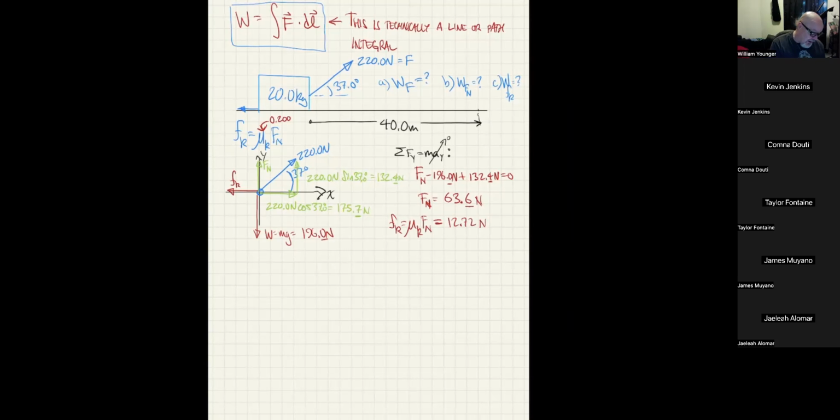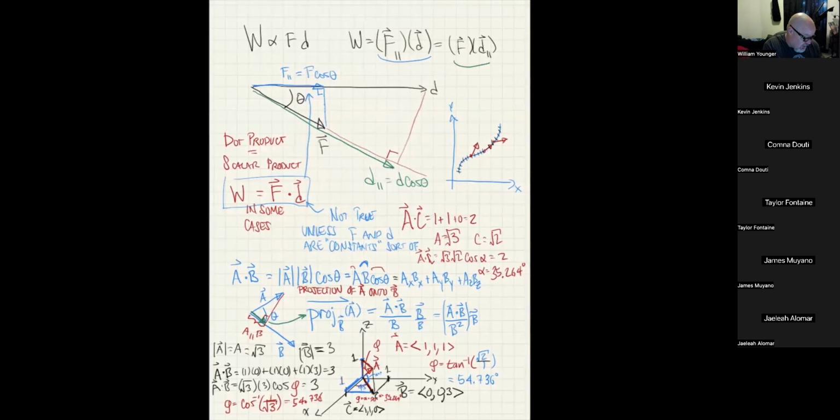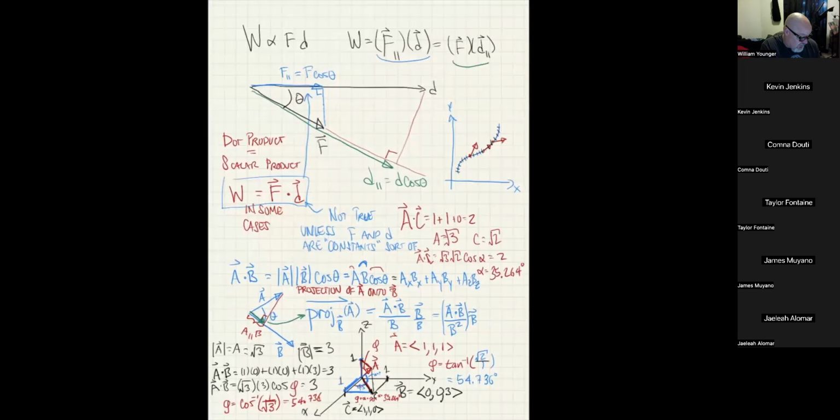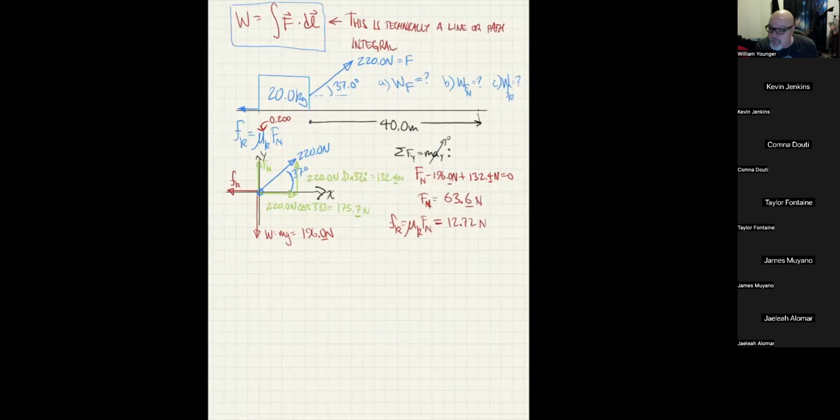So that's how I knew that. Now, if I want to calculate the work, in this case, remember earlier I said not true unless F and D are constant, sort of. So this is a case where the angle of the forces nor the direction or any of that stuff is changing. So just dot products is sufficient. I don't have to do the integral stuff. So that's why I'm able to do that. So let's start off with part A.